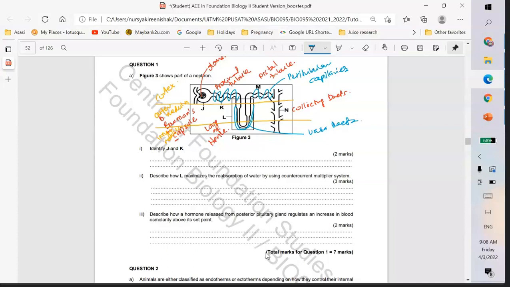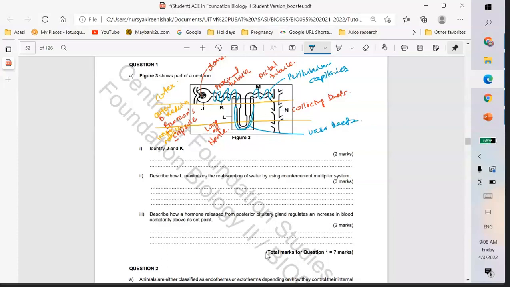Okay, so counter-current multiplier system, it is a process that involves the movement of fluid that flows in opposite direction. That's why we call it counter-current, fluid that flows in opposite direction, and it involves the exchange of substances. So counter-current, what are the fluids that flow in the opposite direction?